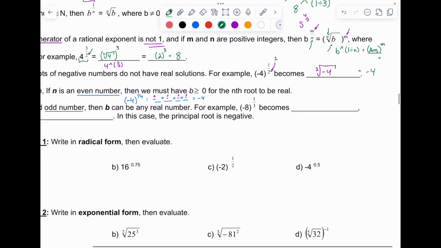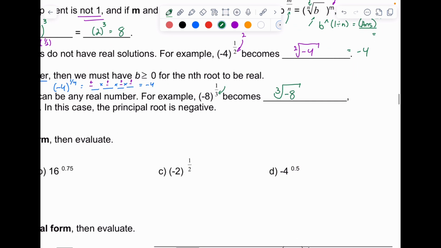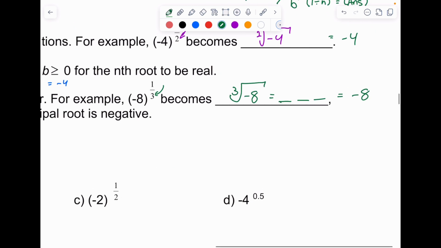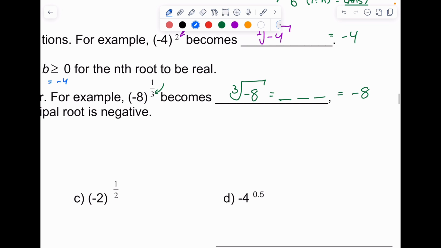And why? Well, that's because when you have an odd number here, I'm asking you to evaluate the third root of a negative. And really what that's me saying is, okay, well, what 3 numbers will give you a negative number? And it doesn't matter, again, right? When you're putting the 3 numbers here and you're multiplying them, when you put negative, negative, and negative, these two will give you a positive number.